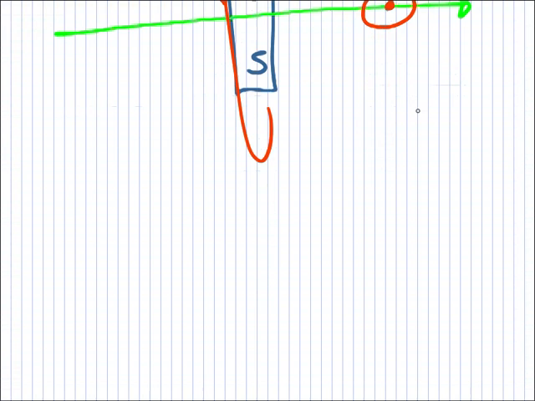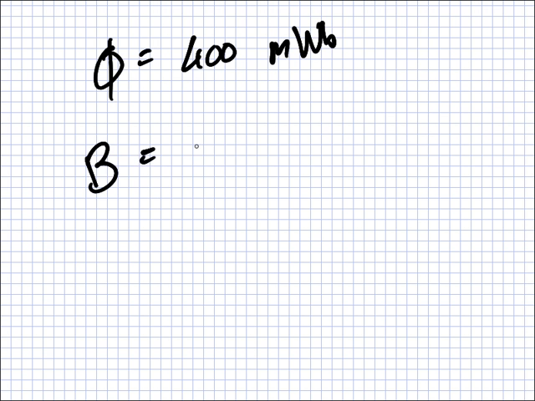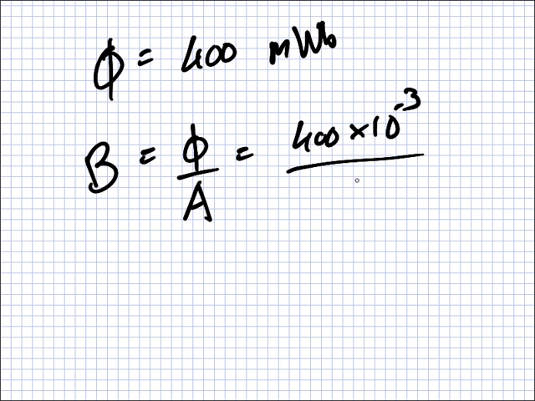A magnet has a flux of 400 milliwebers over a square of length 2 centimetres. What is the flux density? Remember, flux density is flux over area, which is 400 times 10 to the minus 3. And what's the area here?